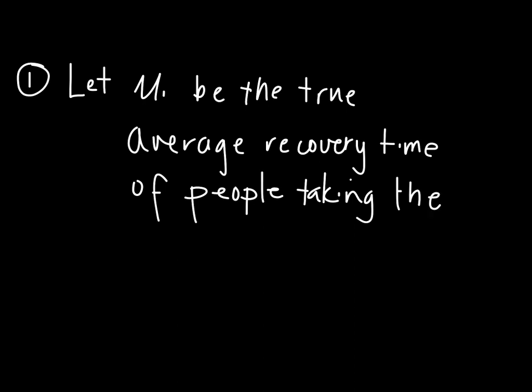So the true average means this is if we have asked all the people who are taking the supplement, then that is the average time. So do not confuse this average with the sample average. The sample average basically came from the samples.